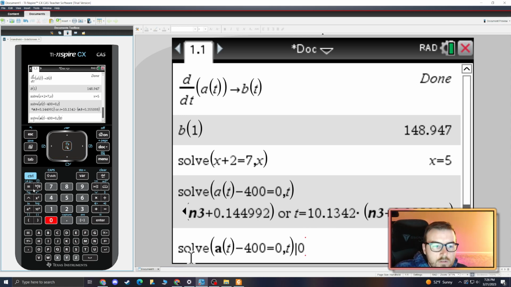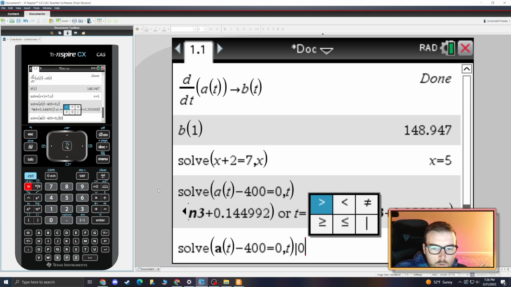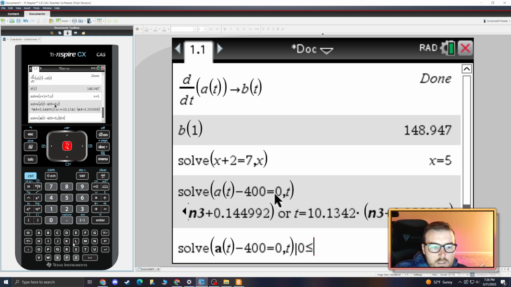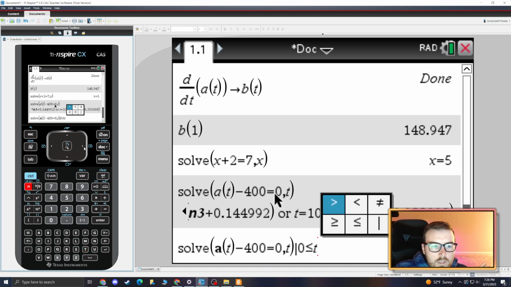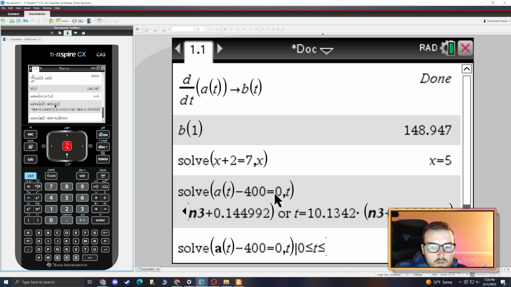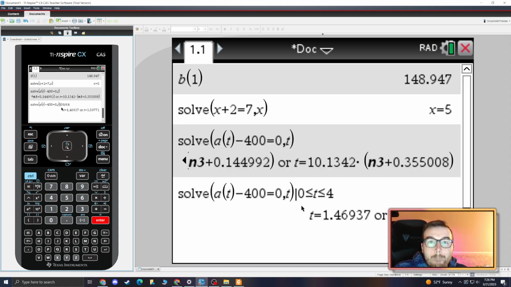So 0 less than or equal to t, which is less than or equal to 4. And you press enter. Boom. So you're saying, yo, calculator, solve this equation for me, but only give me the t values that are between 0 and 4. And it spits them out for you.